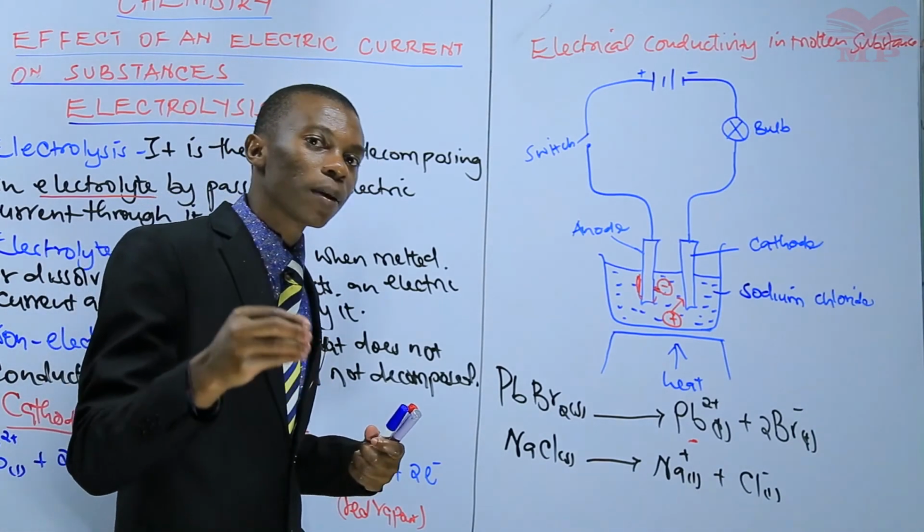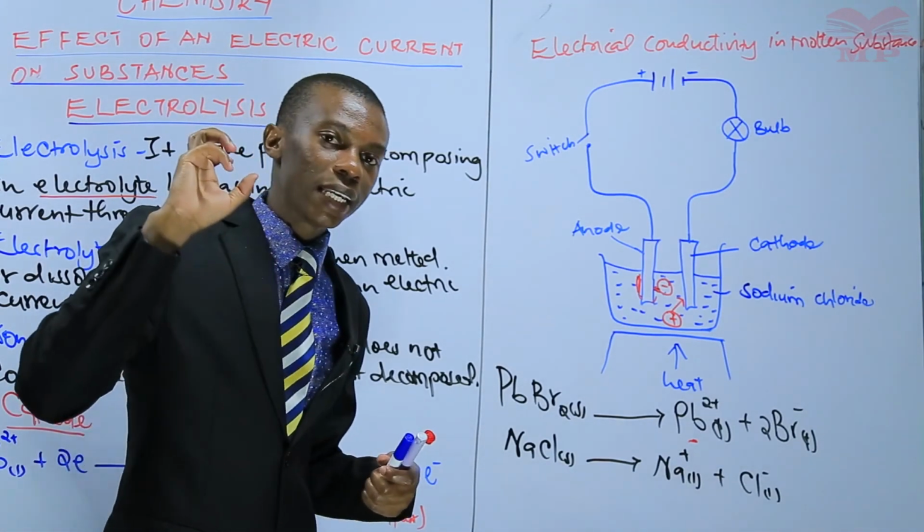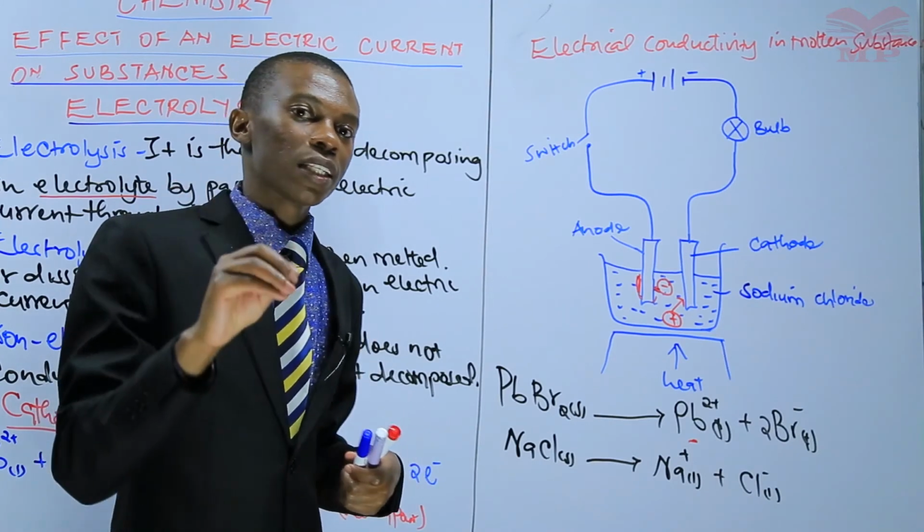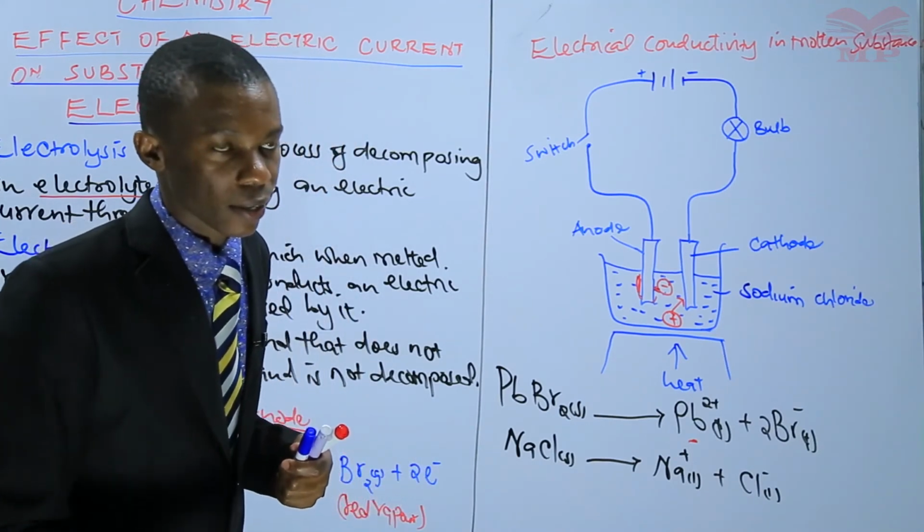Then at that cathode, lead ions gain electrons. They are deposited as a gray solid.